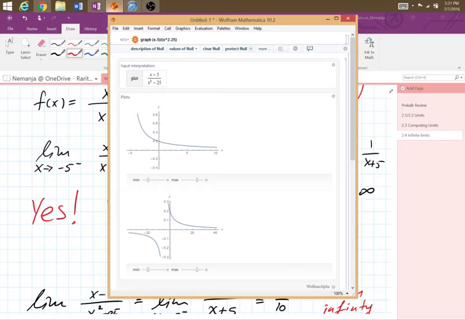This is negative 20 over here. So negative 20, that means negative 15, negative 10, negative 5. You see that at negative 5, there is a vertical asymptote there. And here's 5. No vertical asymptote. Now, it is a little bit hard to see that there's a hole there. Maybe if we zoom in.